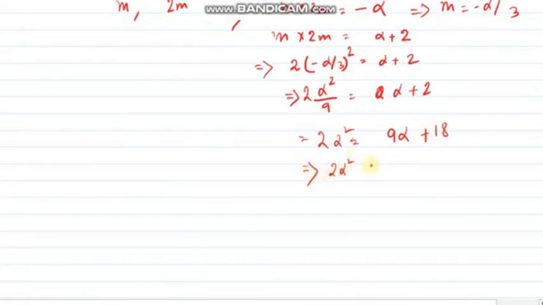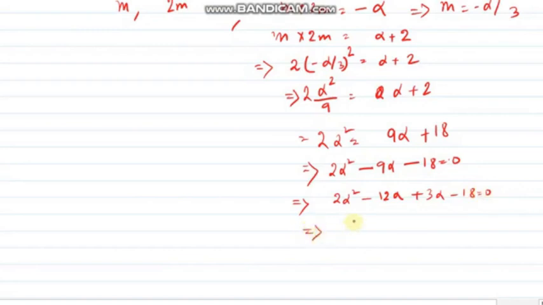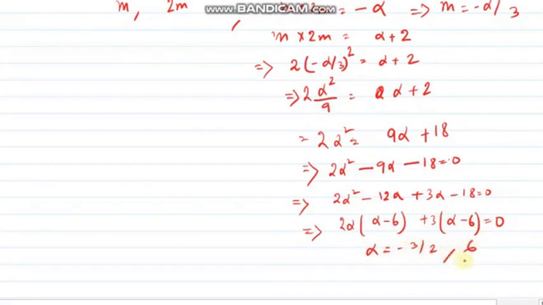So 2 alpha square minus 9 alpha minus 18 equals to 0. So if I split the middle term, minus 12 alpha plus 3 alpha minus 18 equals to 0. So if I take 2 alpha common, alpha minus 6 plus 3 into alpha minus 6 equals to 0. One value of alpha will be minus 3 by 2 and another will be 6.